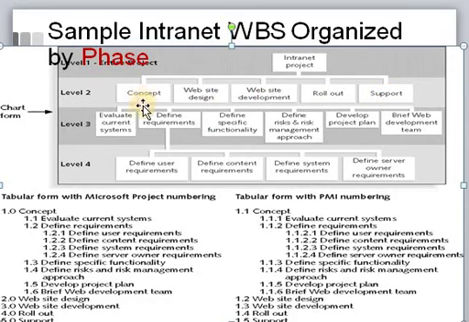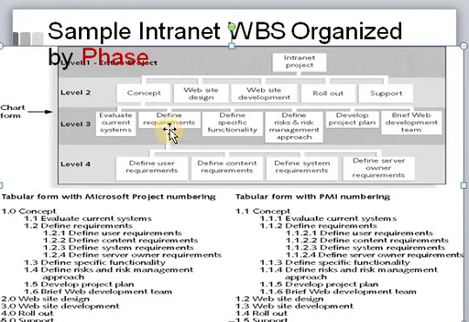The concept phase will contain sub-tasks related to this particular phase: evaluate the current system, define the set of requirements, define the specific functionality, the deadline, risks and risk management approach, the development of project plan and a brief web development team.